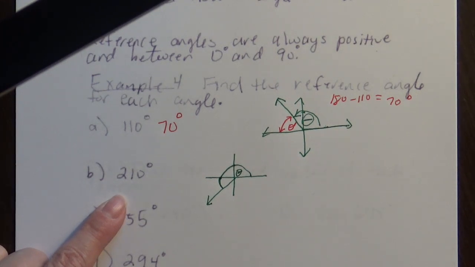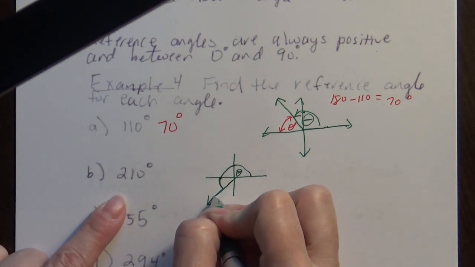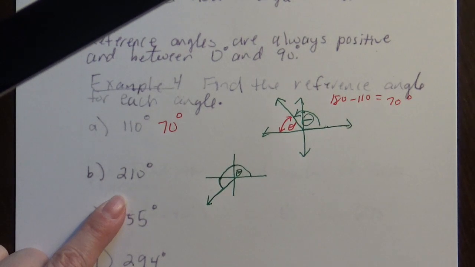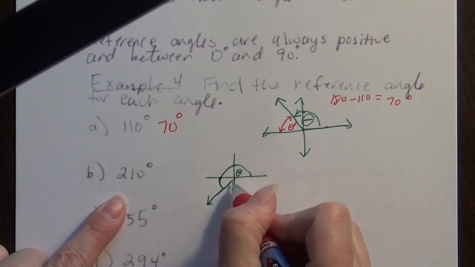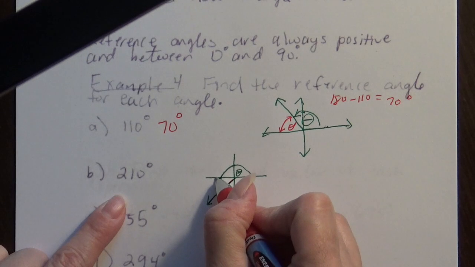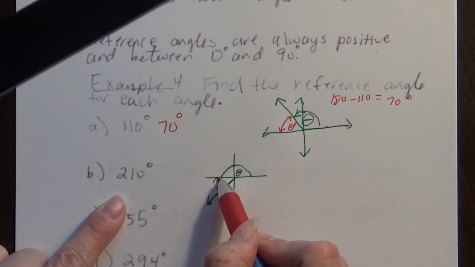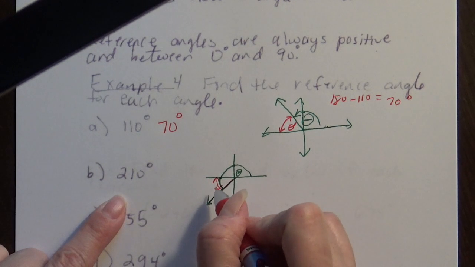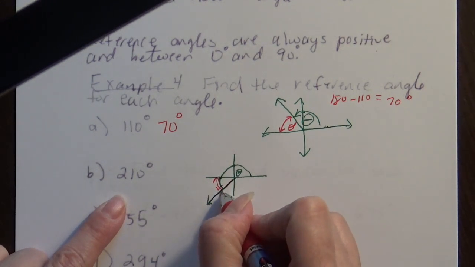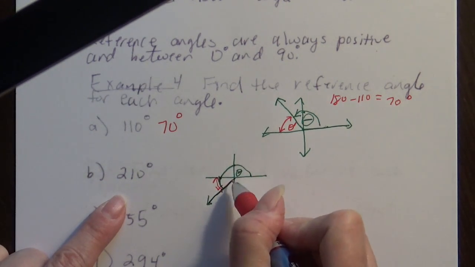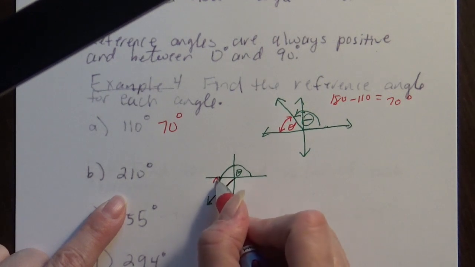We need the shortest distance from the terminal side back to the x-axis. So we need to go from here back to here, because that's the shortest distance from the terminal side of our angle back to the x-axis. This is our theta prime.